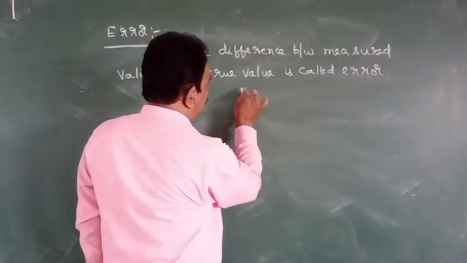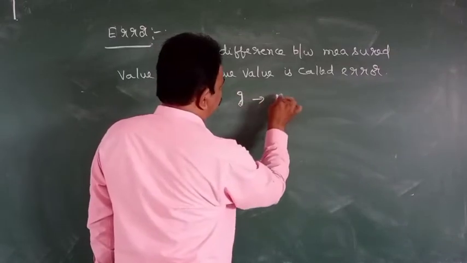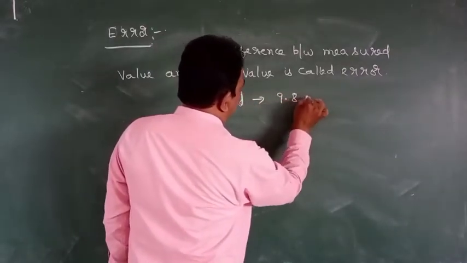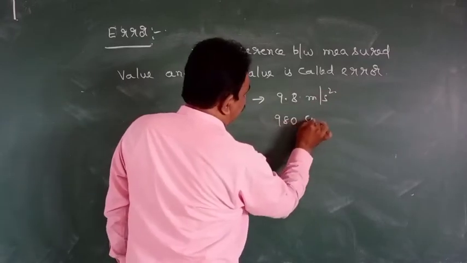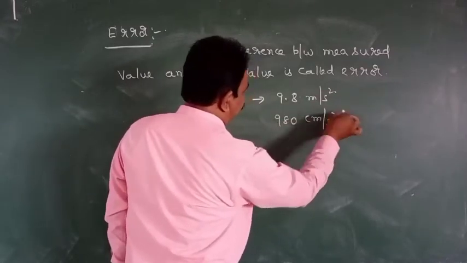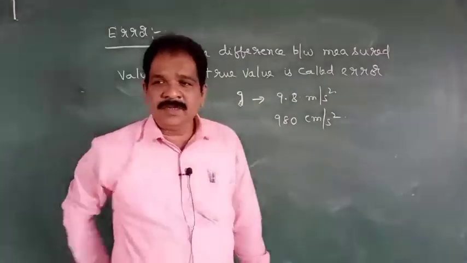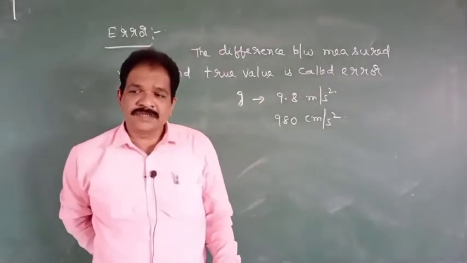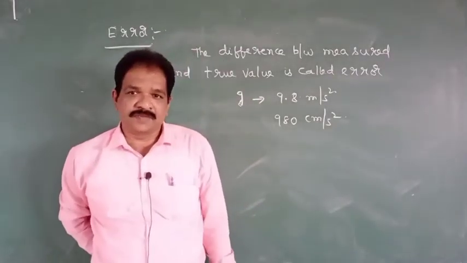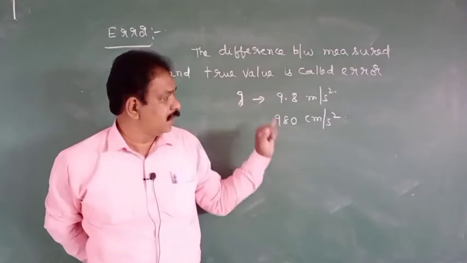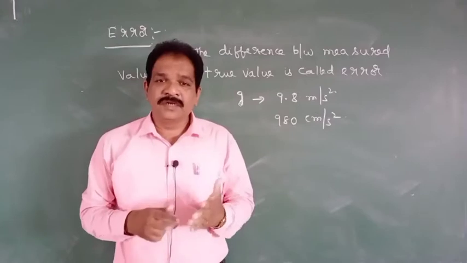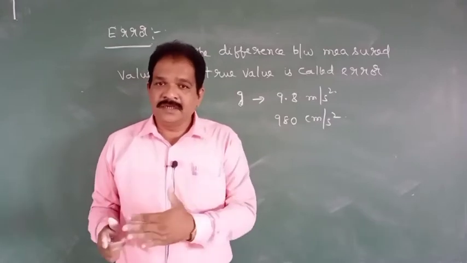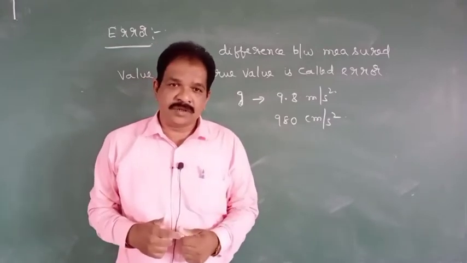Its value is 9.8 meter per second square. In the CGS system, that value is 980 centimeter per second square. Point is clear? Acceleration due to gravity is 980 centimeter per second square.